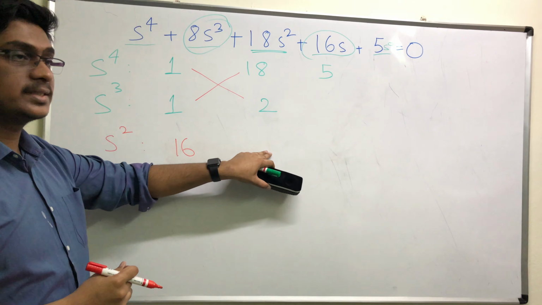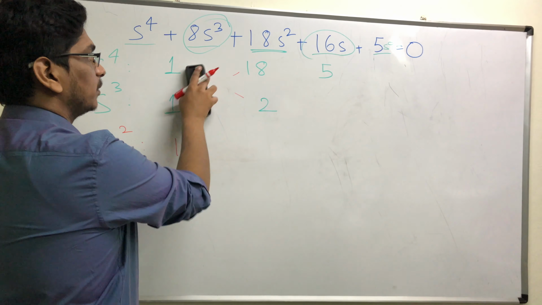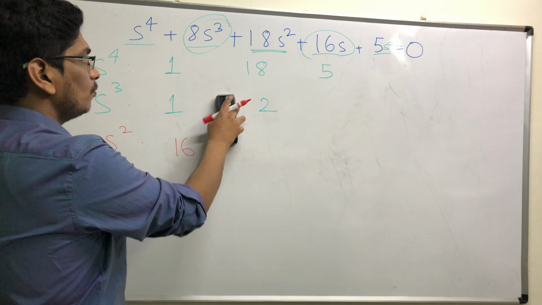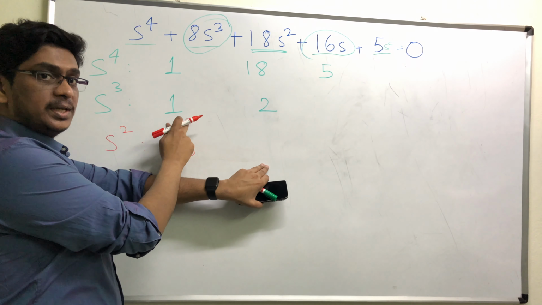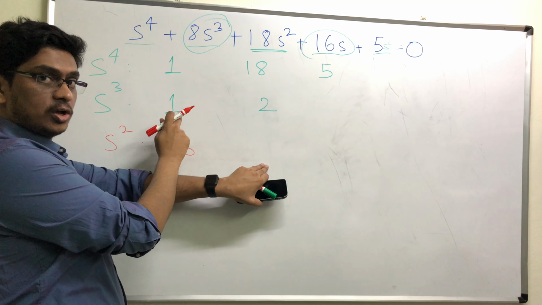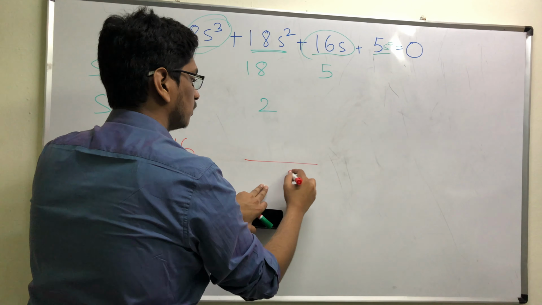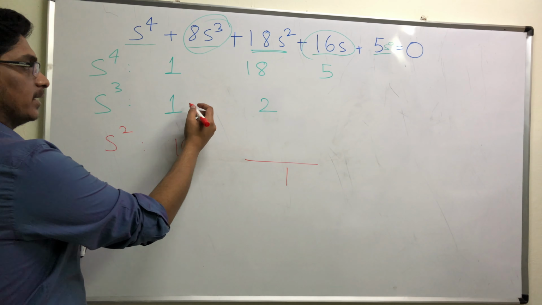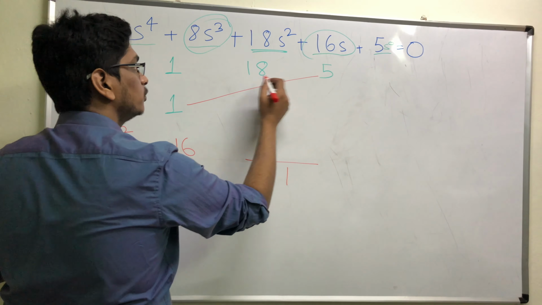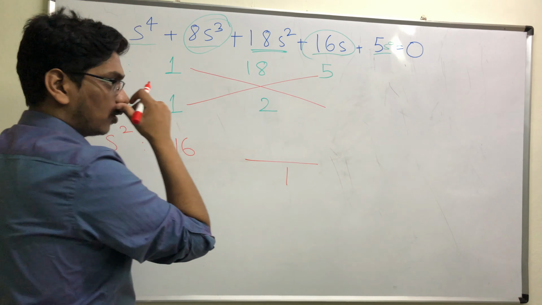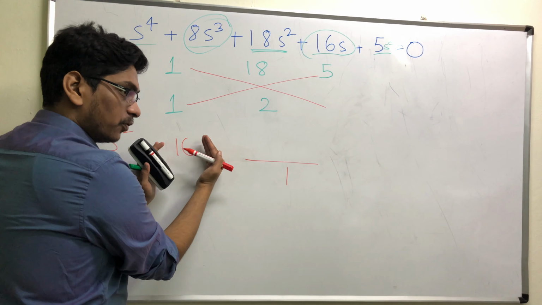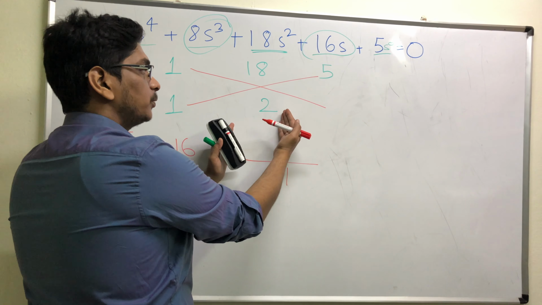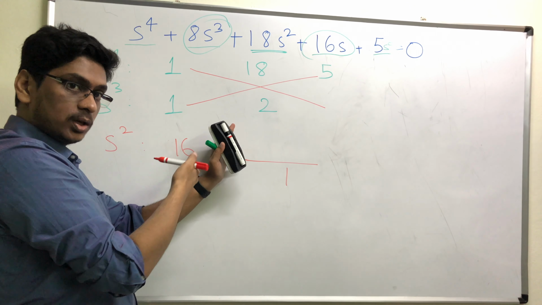What about this element? The base is always the previous row's first column element, which is 1, and again the product of these two minus the product of these two. Whenever you're finding column 1, you take column 2 and multiply with column 1.